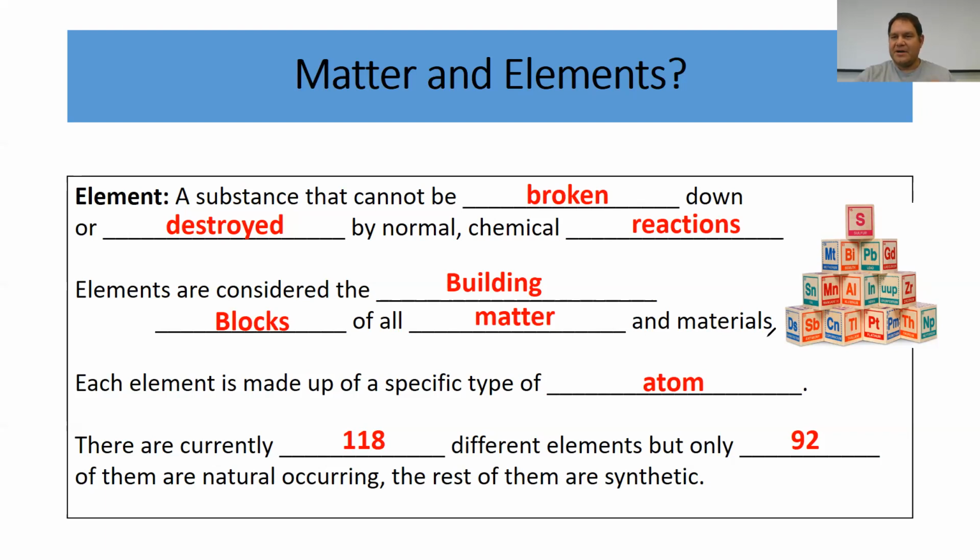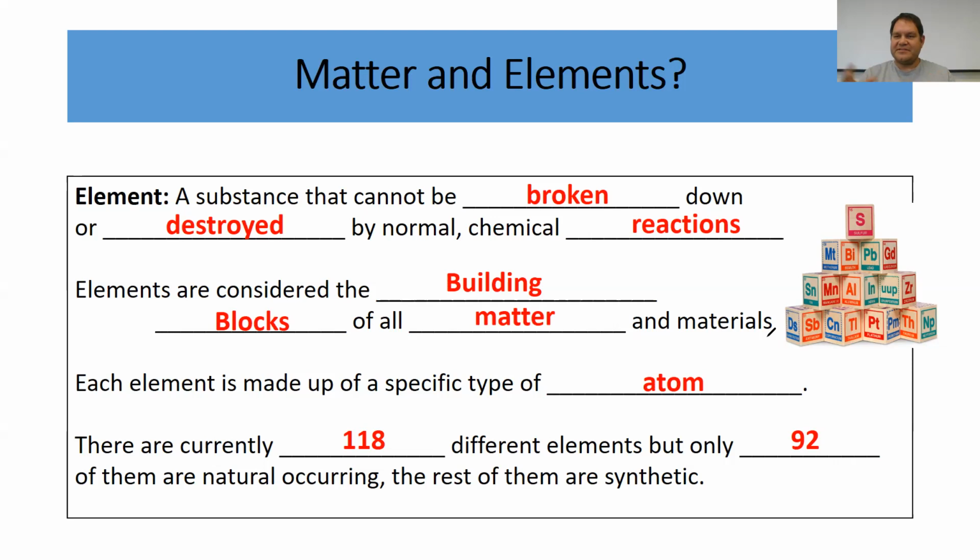So much like the alphabet is the building blocks of words, and we take various letters in the alphabet and combine them to form complex words. They could be very short words, they could be very long words, but the alphabet, those are building blocks to words, our language. Well, elements are the building blocks to complex pieces of matter.